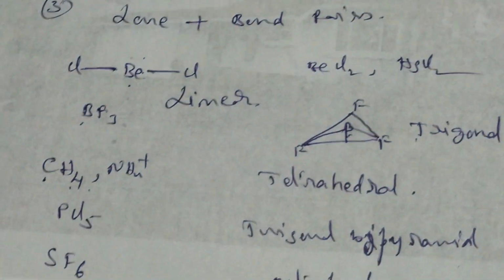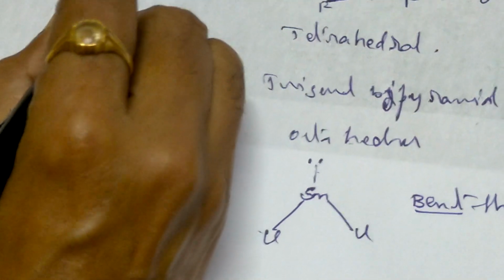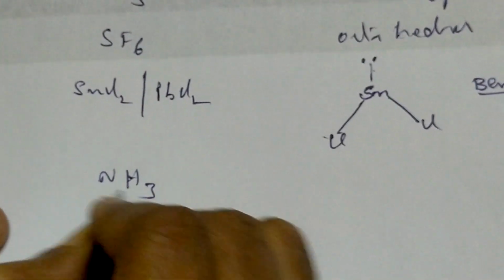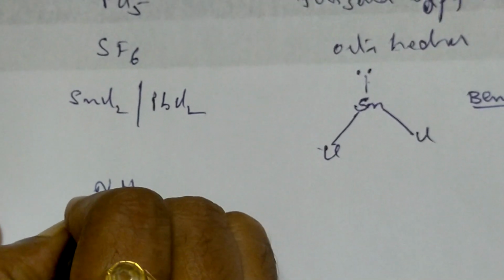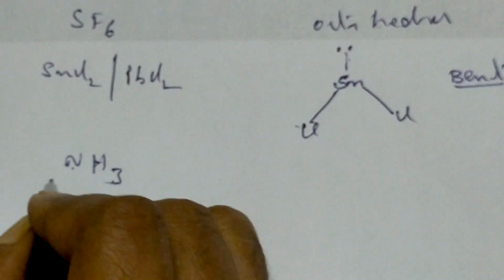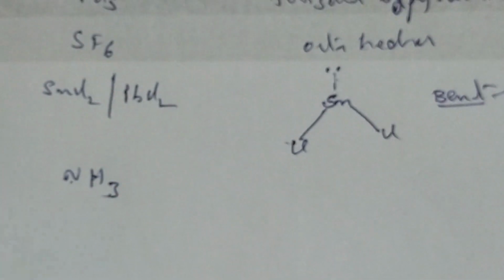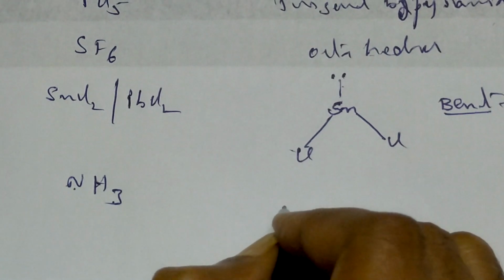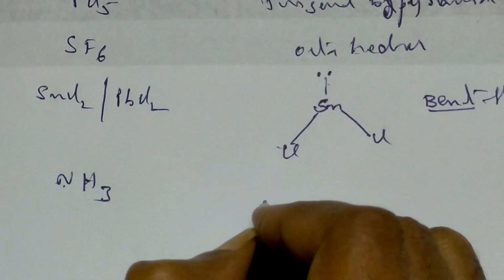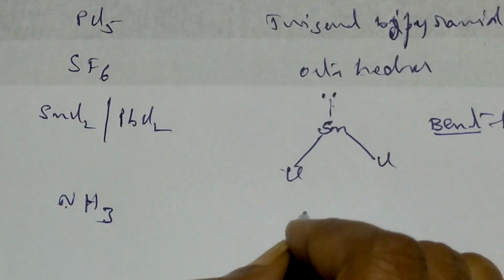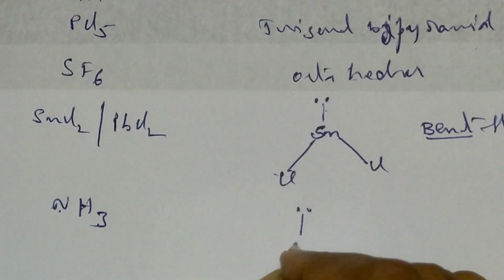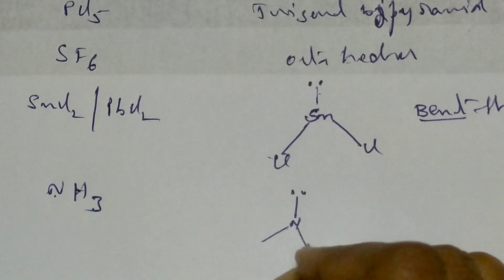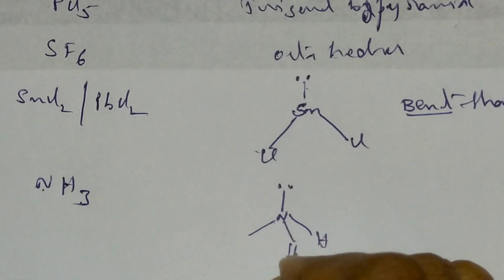Similarly, ammonia is NH3. It is similar to BF3. Here BF3 is boron trifluoride, and here I am writing ammonia. Ammonia also forms 3 bonds, but N is 7, so 1s2 is left out. For the 5 outer electrons, one lone pair is left, and N has 3 hydrogens.